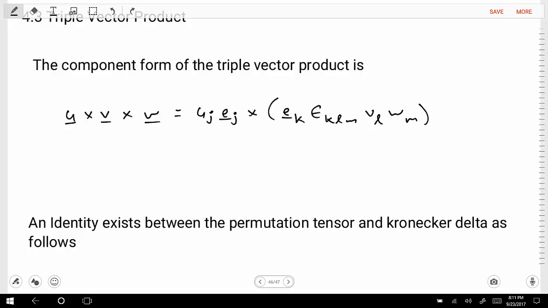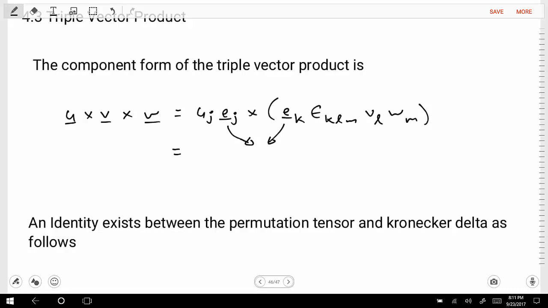Now when we take these elements together, let's note that when we pull the cross product of these two base vectors, we're going to introduce another permutation tensor.